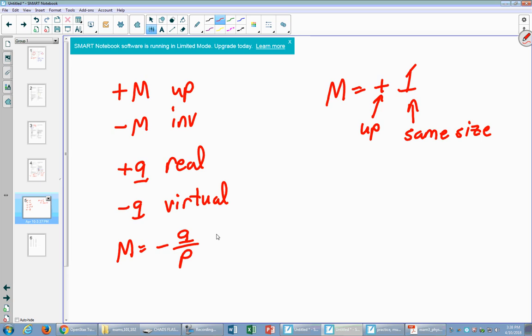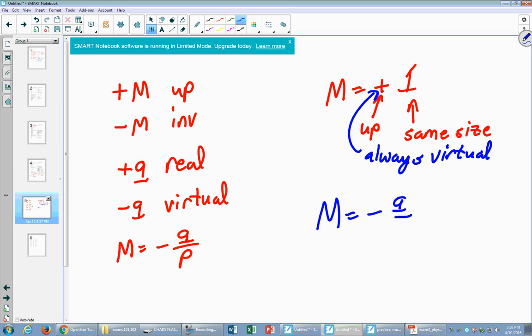This is going to blow you away. Because it's positive, it's always virtual. Why would a positive magnification imply a virtual image? You're right. So M is negative Q over P. If Q is negative, then M has to be positive, because P is always positive.